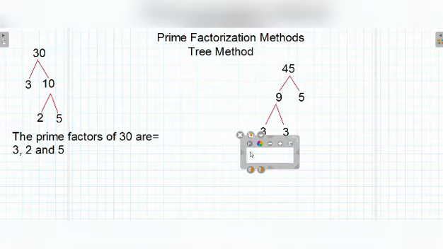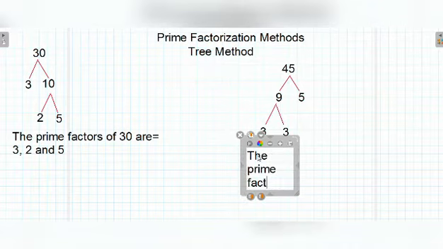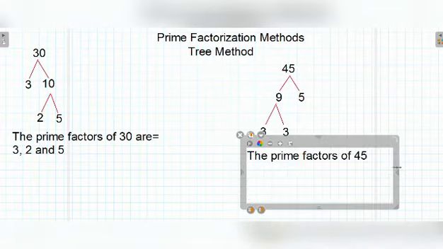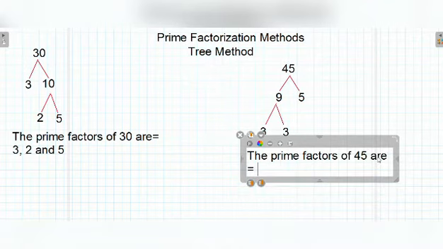So we will write here the prime factors of 45 are 3, 3 and 5.